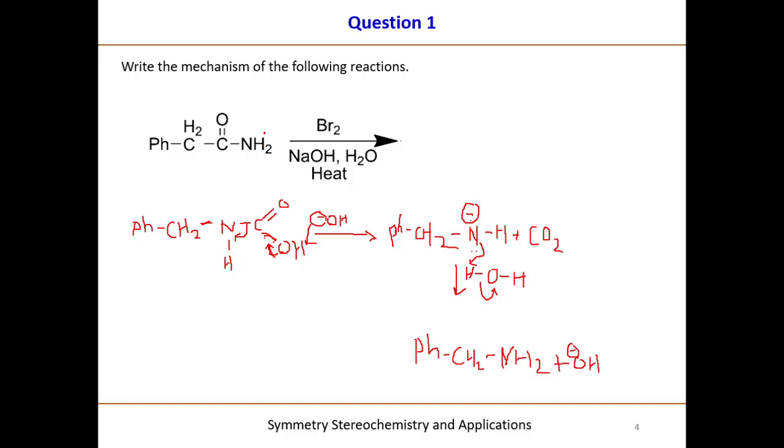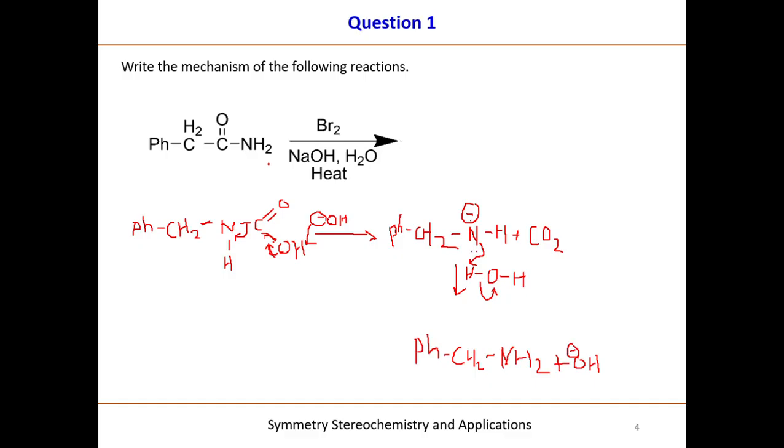So in the second step again the remaining proton on the nitrogen atom was deprotonated, and this PhCH2 group migrated onto this nitrogen atom to form the isocyanate. Then the isocyanate reacts in the third step rapidly with water to form the carbamic acid.